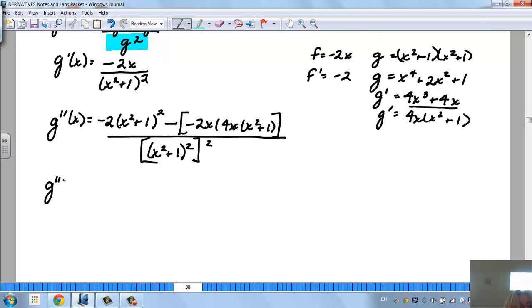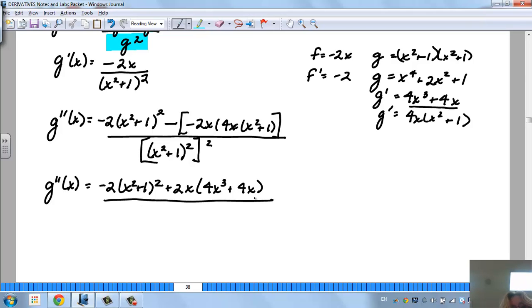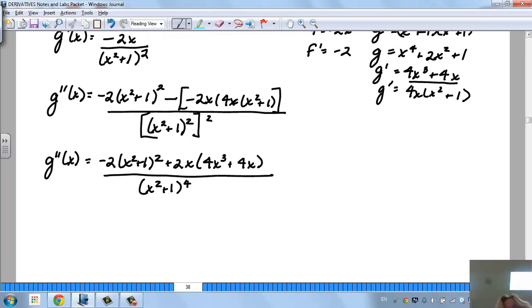So it's g double prime of x is going to equal negative 2 times x squared plus 1 squared, and then it's going to change to plus 2x, because negative times a negative, and I'm going to actually multiply that as 4x cubed plus 4x, all over x squared plus 1 to the 4th. I'm going very slowly. This is what I mean by going fast slowly. If you take your time, you won't make goofy mistakes.